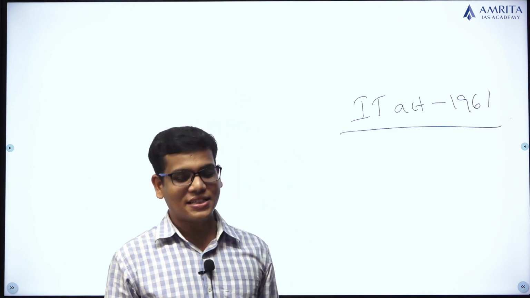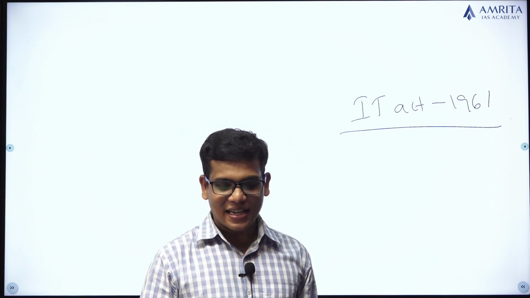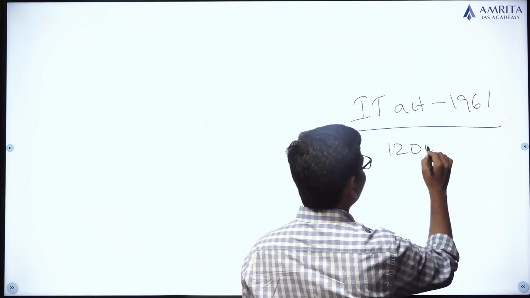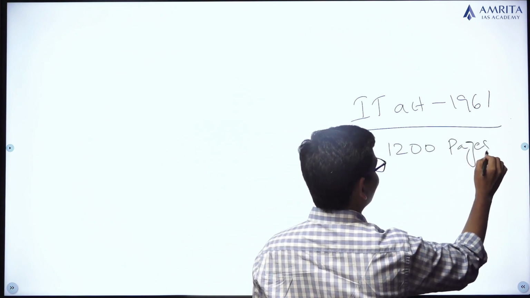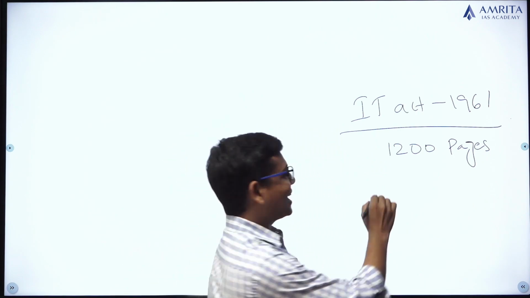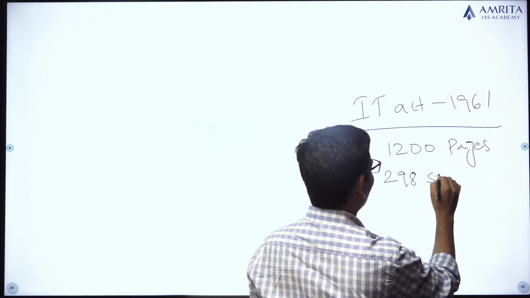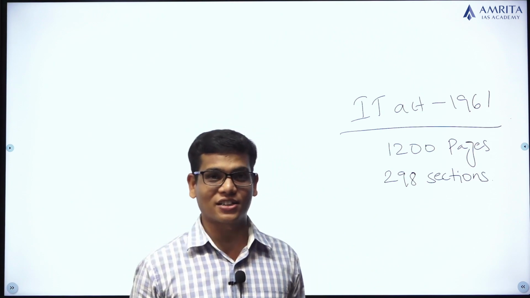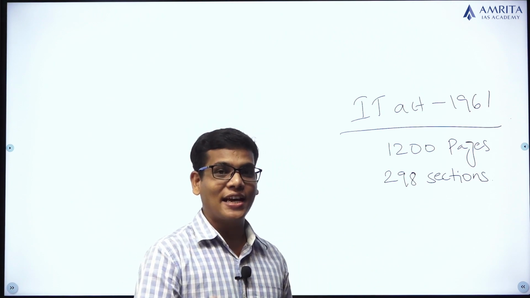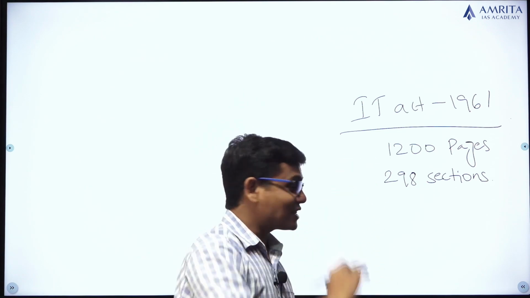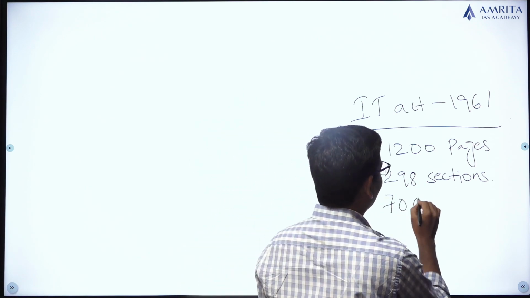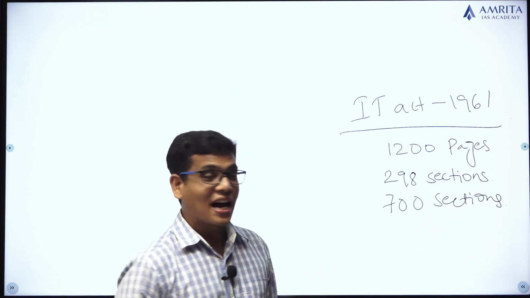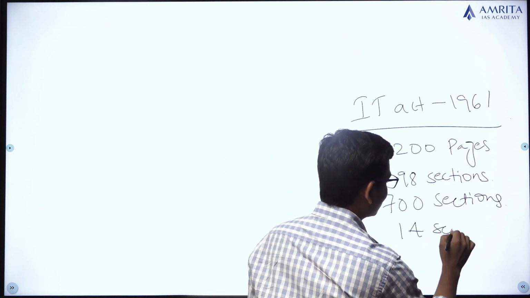And if you look into this legislation, it consists of 1200 pages, 298 sections. This doesn't include the subsections like A, AB, ABB, AA. If you calculate those subsections also, there are a total of around 700 sections and around 14 schedules.